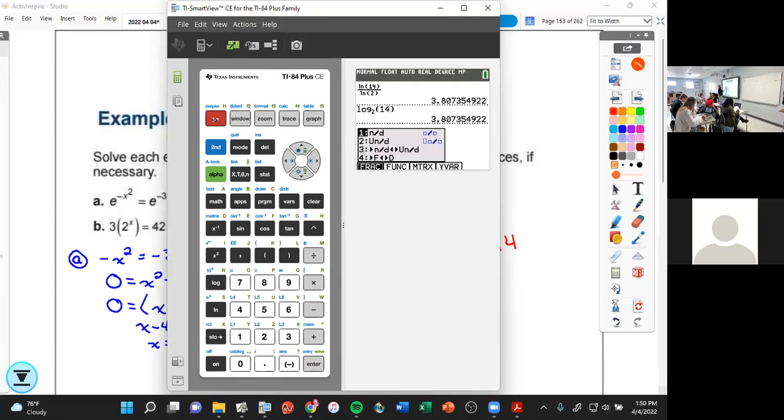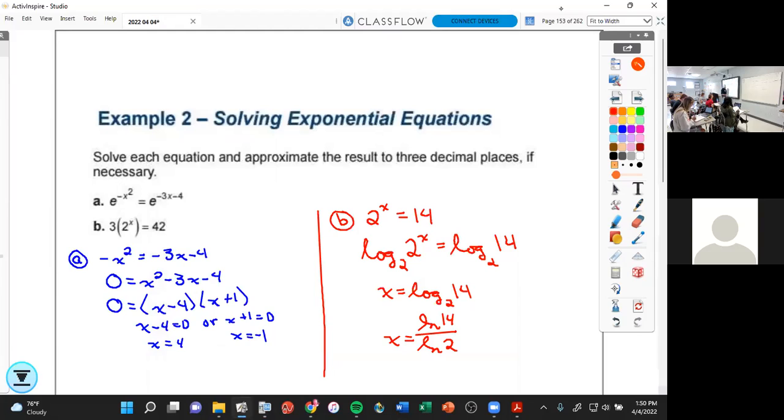Or I could have done log. It doesn't matter. Log 14 over log 2. And that's the significance of change of base. You can change to whatever base you want. So the answer to this one is about 3.81 or something like that. 3.807. Okay, thank you, sir.